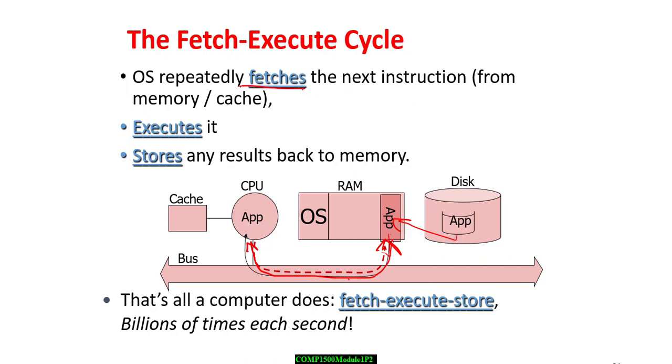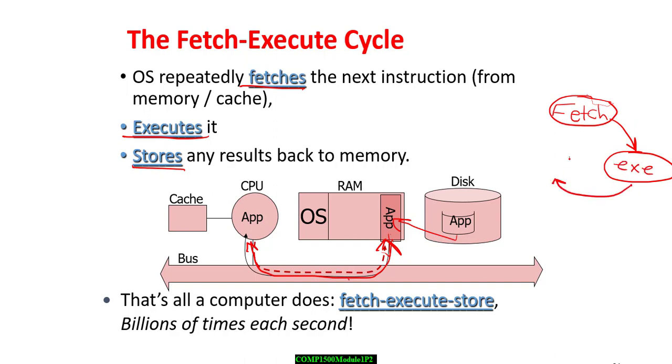So we have fetch, execute, and store. This is called the machine cycle. First we have fetch, then we have execute, and finally we have store.